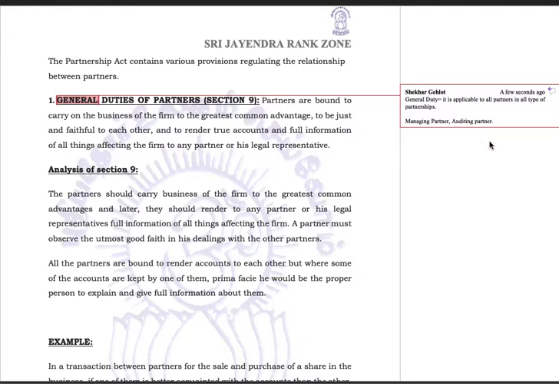That means a normal partner who does not have any special role like an auditing partner or managing partner will also have to follow these duties. An auditing partner and a managing partner will also have to follow these duties.